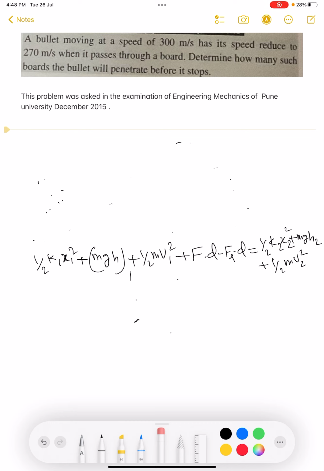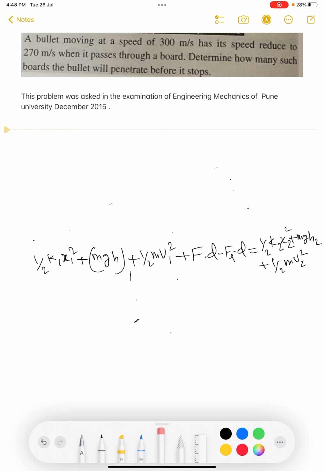So the board is some object with some thickness, the bullet moves through it, and its velocity reduces to 270 meters per second. Determine how many such boards the bullet will penetrate before it stops.